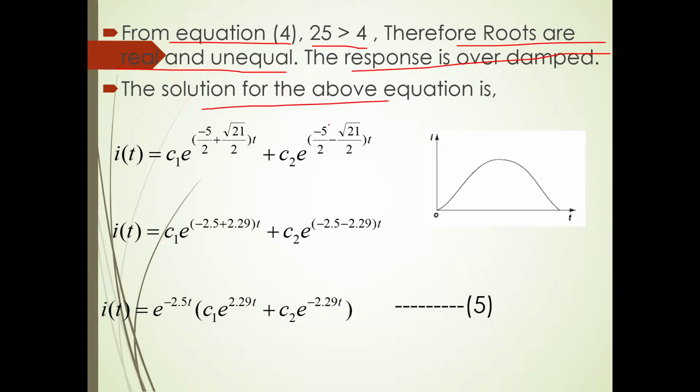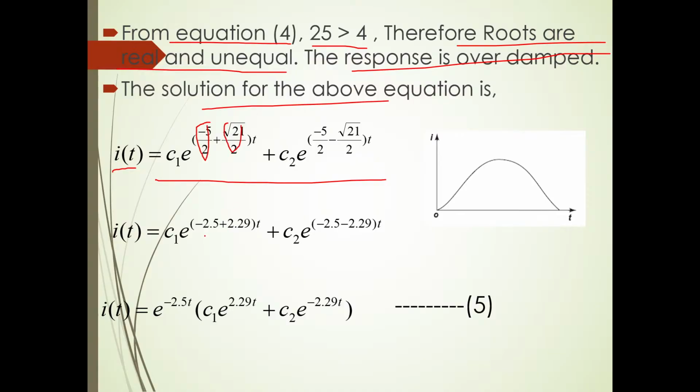The solution for i of t, when the roots are real and unequal and the response is overdamped, is c1 e to the power of minus 5 by 2 plus root of 21 by 2 into t, plus c2 e to the power of minus 5 by 2 minus root of 21 by 2 into t. I didn't solve this in the first equation.